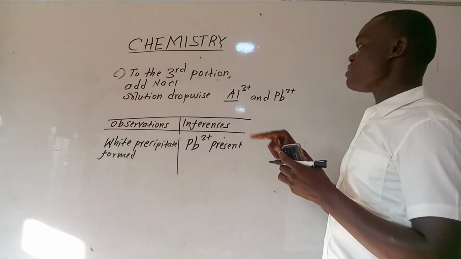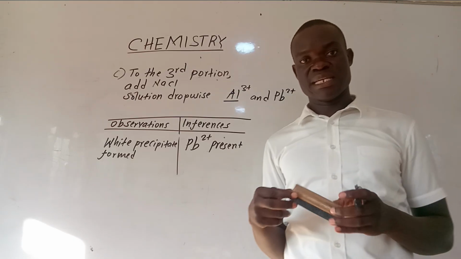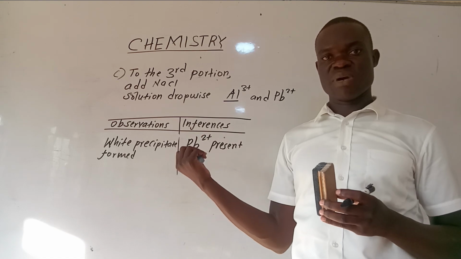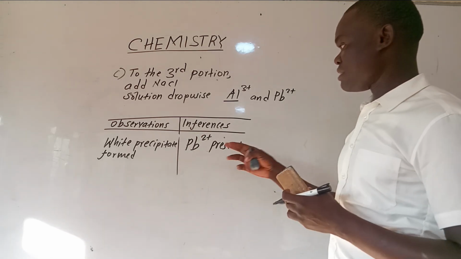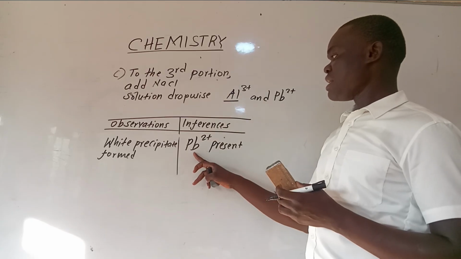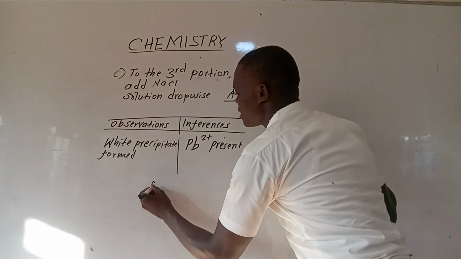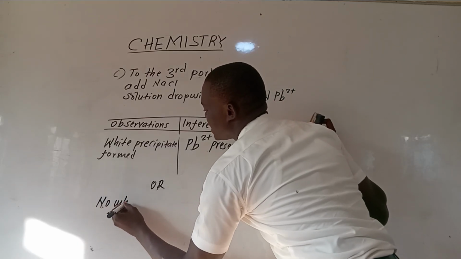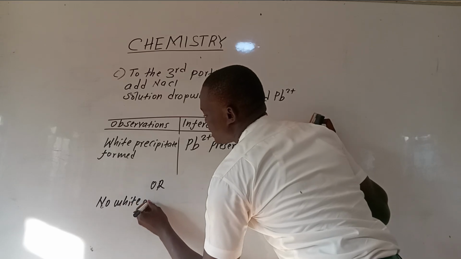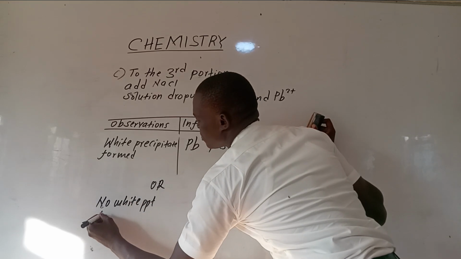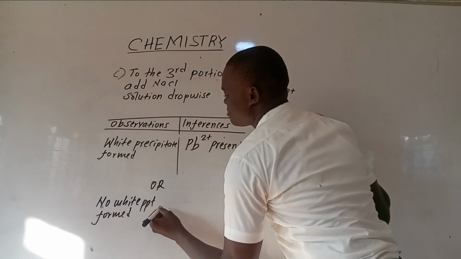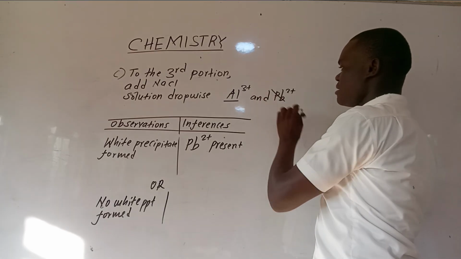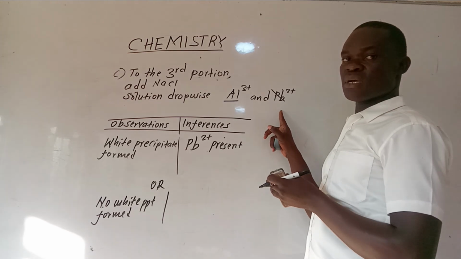That means aluminium is absent there, because if aluminium was there, a white precipitate would not form. So at this point, we will mention lead ion present. Or if no white precipitate formed, now we will omit lead, because lead chloride forms a white precipitate.